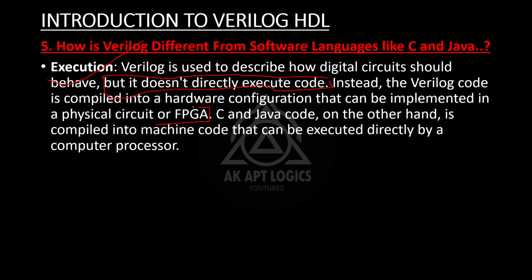Instead, the Verilog code is employed into a hardware configuration that can be implemented in a physical circuit or FPGA. I previously told, right, FPGA is like Arduino, which can be reprogrammed. So sometimes we will dump code into the FPGA after we get the simulation results. That is, if we get the waveform in a correct way and the correct output after applying the TB, we specify some test cases or scenarios, different combinations of inputs, for the design code that we have designed.